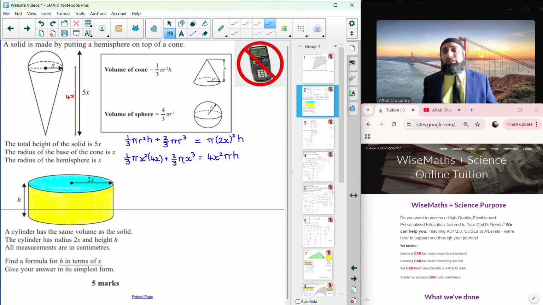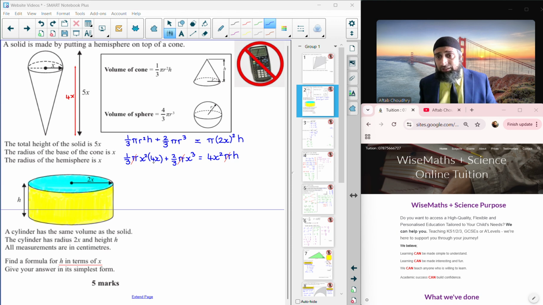Now notice every term over there, there are 3 terms, and they've all got pi in them, so let's cancel through and get rid of all the pi's. It's an equation, so it's not a problem.